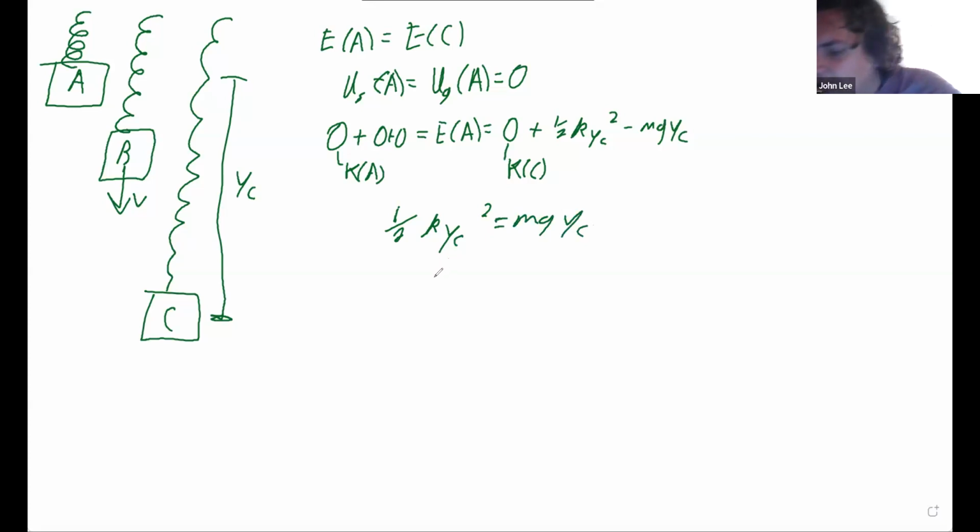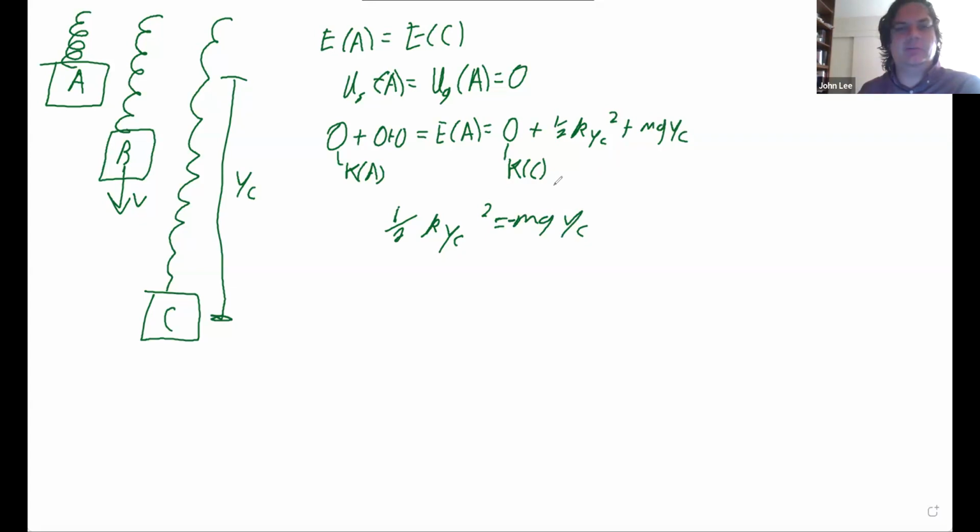So YC is going to end up being, oh, actually, yeah. Let's just, instead of saying absolute value, say YC is a negative value because YC is going in the negative direction.